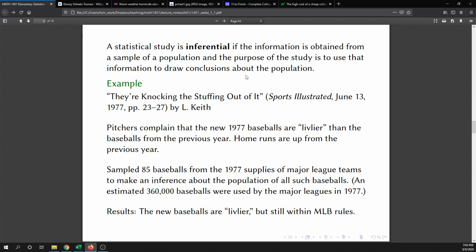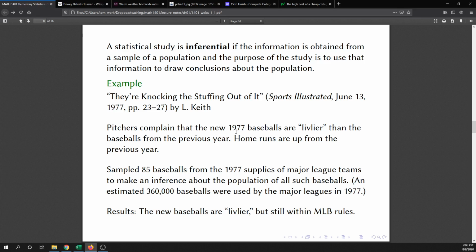All right, a study is called inferential if the information is obtained from a sample of the population, and then the purpose is to study that information and draw conclusions about the population. Here's a reference to an inferential study done in baseball.